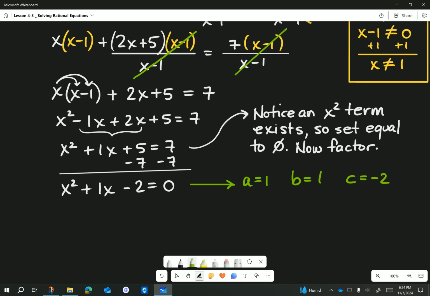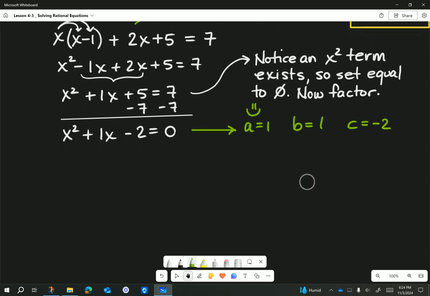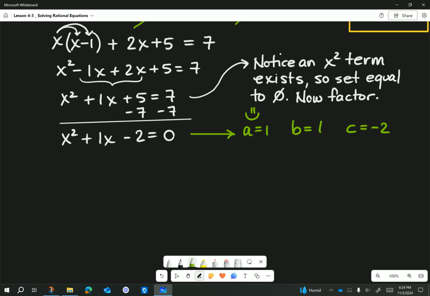Now, when you are factoring a trinomial where a is equal to 1, we are pretty happy about that because once we figure out the answers to our little questioning rubric, that usually is what our factors are going to be. So what times what is equal to the c value of -2, and what plus what is equal to my b value of 1.